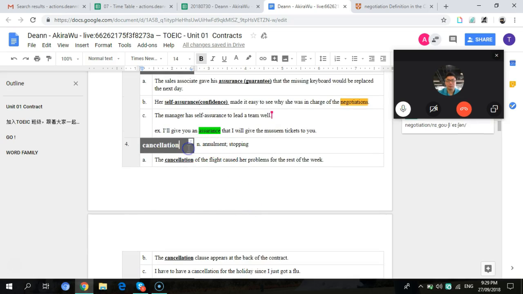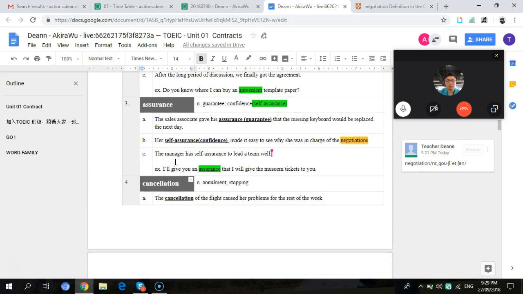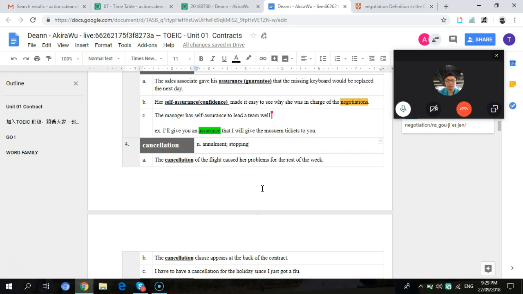Now let's move on to number 4. Okay, so can you read? What is cancellation? Cancellation. Annulment and stopping. Okay, so this word is annulment. Do you know what annulment is?